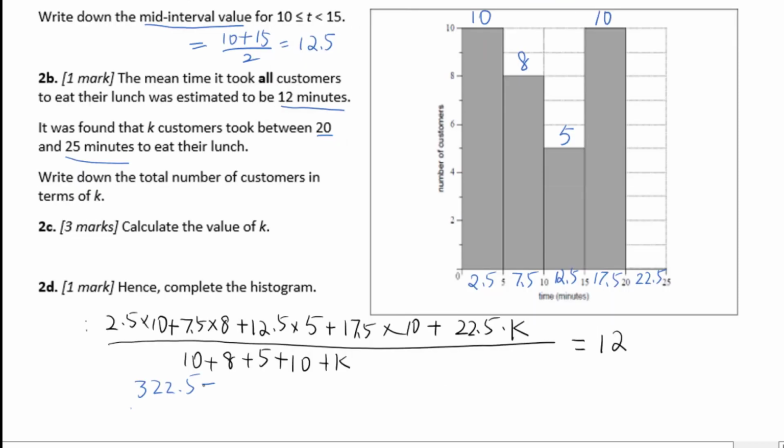So we have 322.5 plus 22.5K over 33 plus K equals 12.